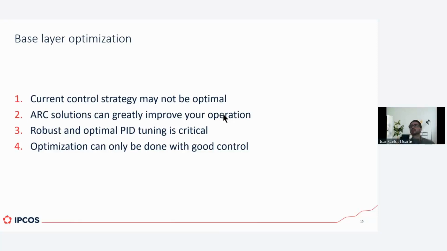Sometimes those loops are interactive, I mean, they interact between each other. And we have the experience, the knowledge and the tools needed to be able to do proper PID tuning, in which we avoid those interactions from becoming continuous oscillations or unstable behavior in the plant, or in the network in this case.